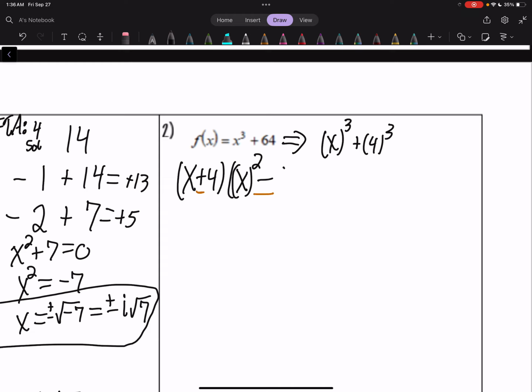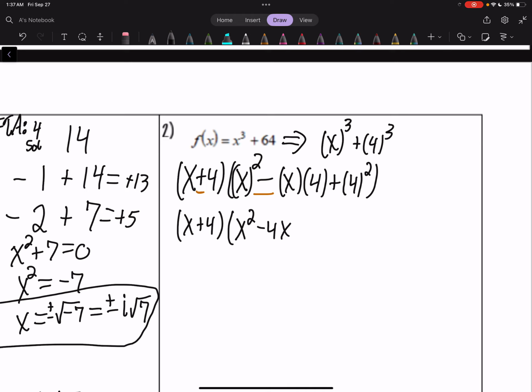Minus, first times second, plus second squared. Okay, simplifying, x plus 4, x squared minus 4x plus 16.